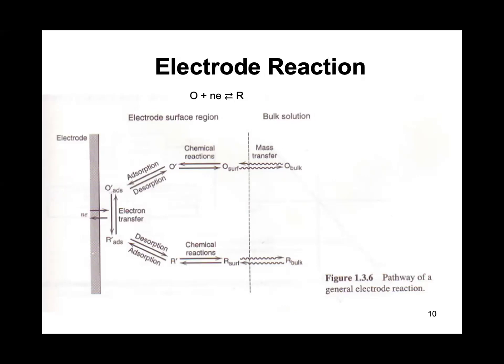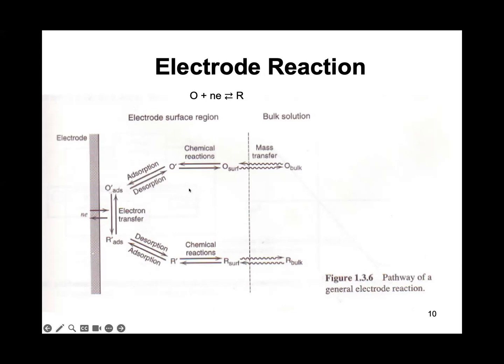Right, so this is just to remind you what is happening on the electrode surface. Remember, the ions here have to move to the surface of the electrode in order to be oxidized or reduced. If it is in the bulk solution, a bit far from the electrode, then the possibility of electron transfer is low.